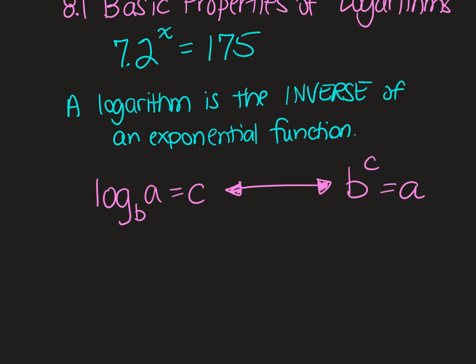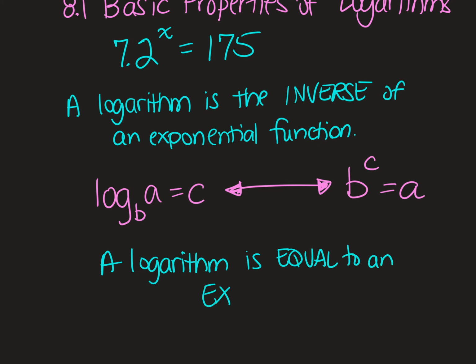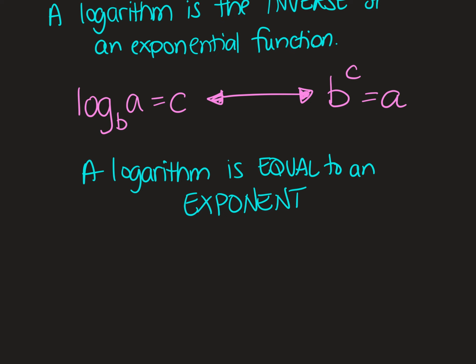So I like to write that down just because I think it's a nice little phrase to remember. A logarithm is equal to an exponent. So what that logarithm is equal to will be the exponent in the rewrite.